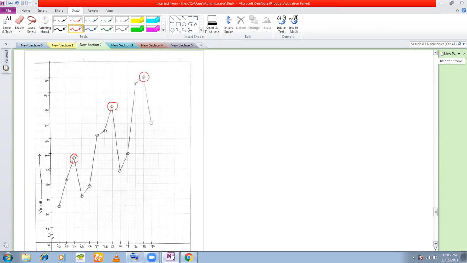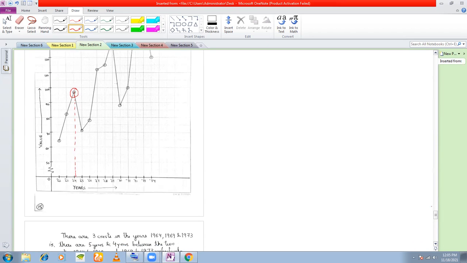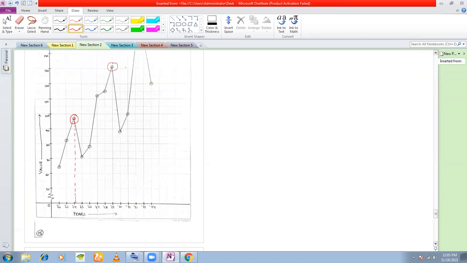And now you see what is the interval of the crests. This is for 1964. The next crest is obtained at 1969.